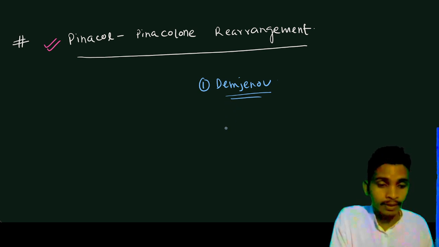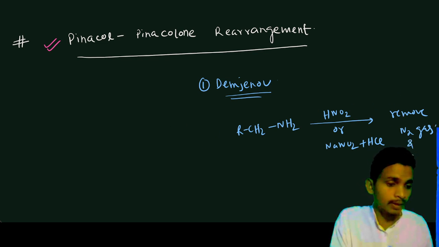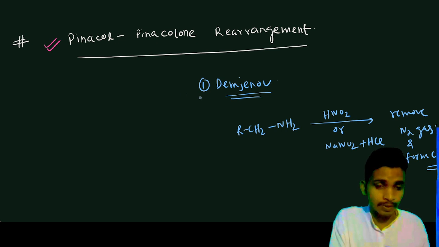For the Demjanov rearrangement, some group is there, and here an amine group is there, with the reagent HNO2, or NaNO2 and HCl. Then you remove nitrogen gas, and the carbocation forms. This is for the Demjanov rearrangement.